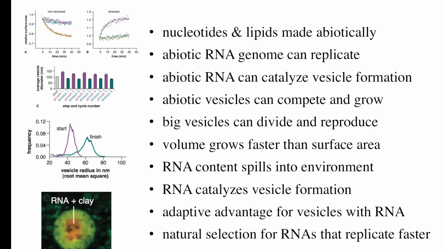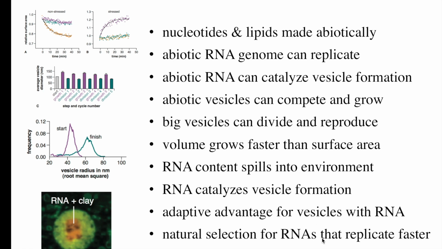The RNA gets taken up by the vesicles. Because vesicles have RNA and RNA can catalyze vesicle formation, they have an advantage of getting new phospholipids to make them bigger than ones that don't have RNA.